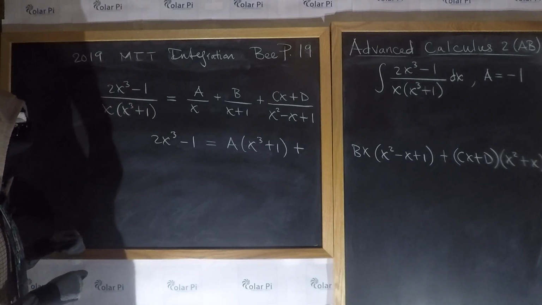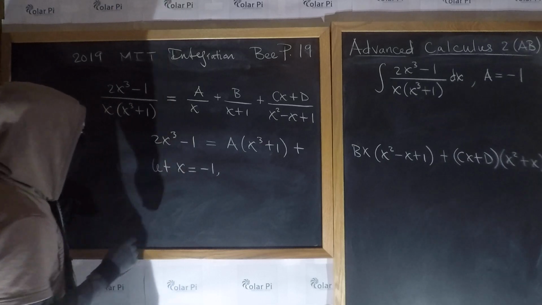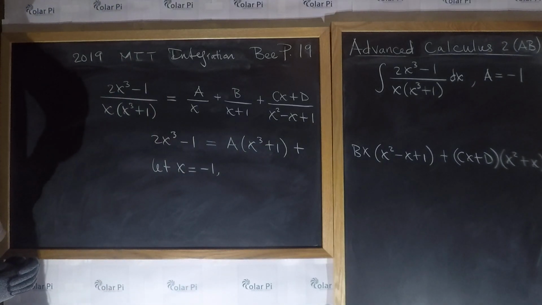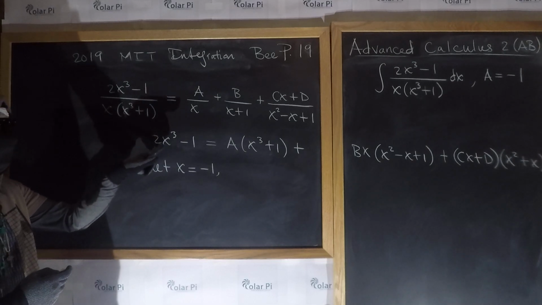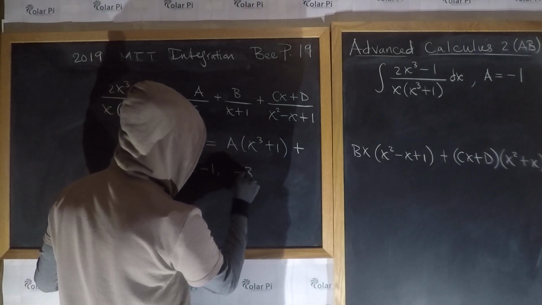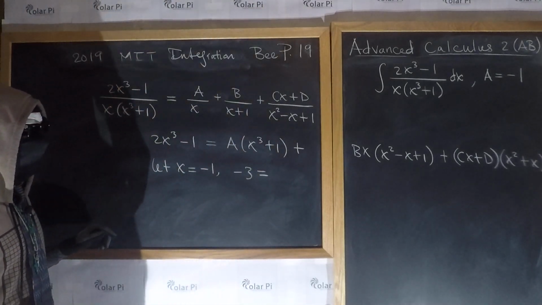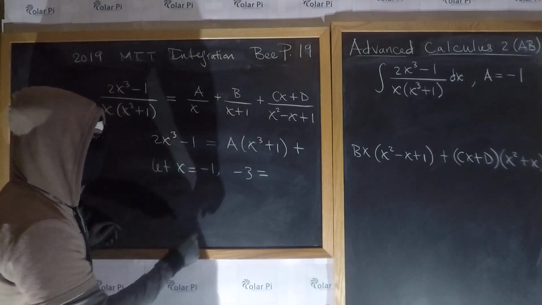We could get to b quickly, and it's to let x equal -1 that allows us to get to b quickly. When x is -1, notice that here we get 2 times -1 cubed, which is -2, minus 1, which is -3, right? So -3 equals, and then here we get -1 plus 1 times a, so that's 0 times a, so that's 0.